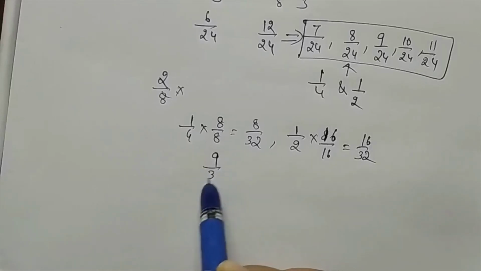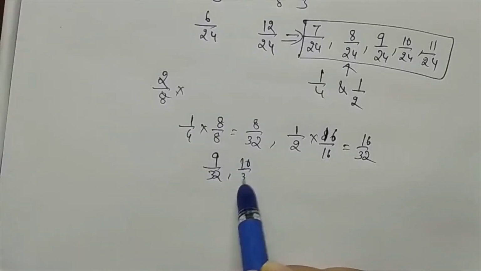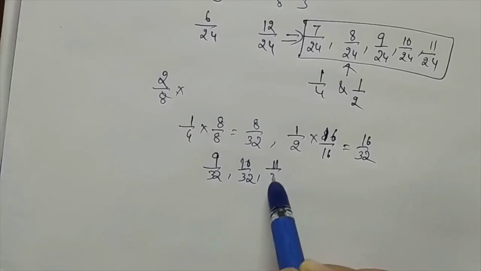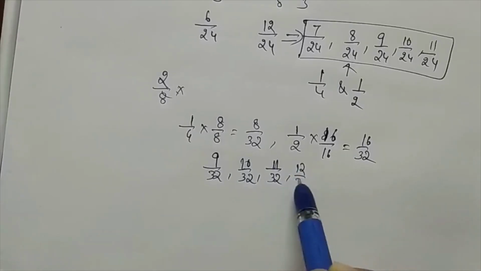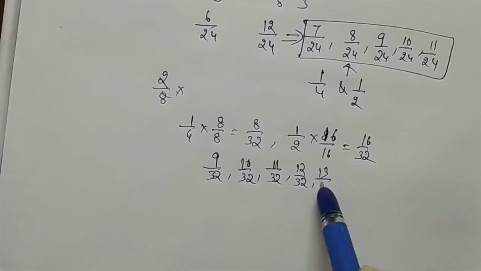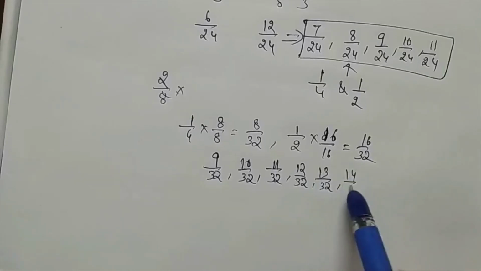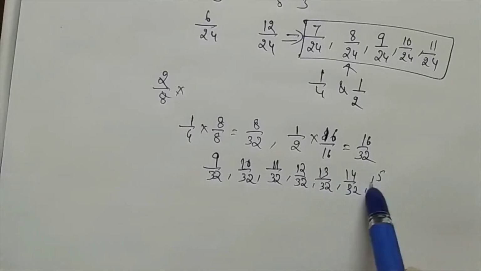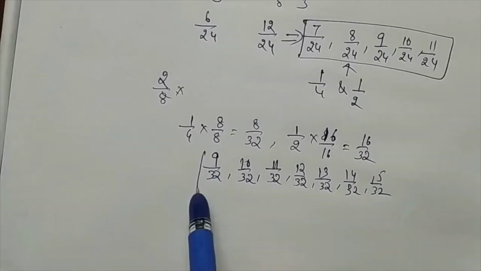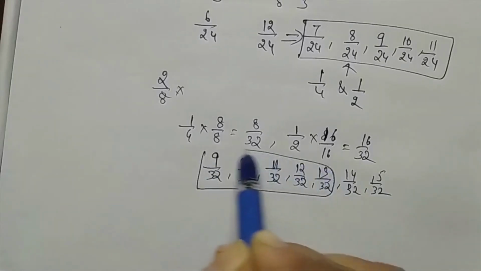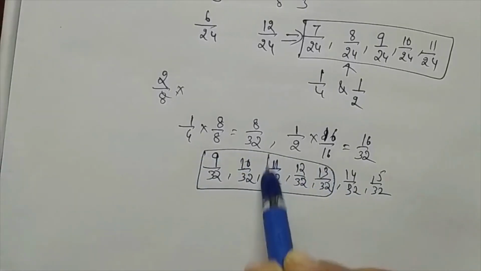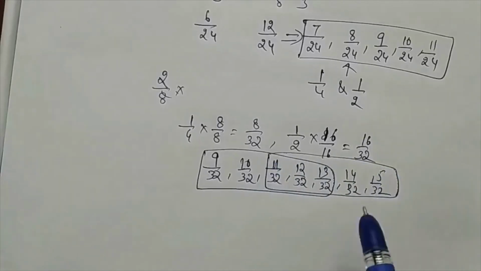They are 9 by 32, 10 by 32, 11 by 32, 12 by 32, 13 by 32, 14 by 32, 15 by 32. And we can write any 5 of these. Any 5 is our answer.